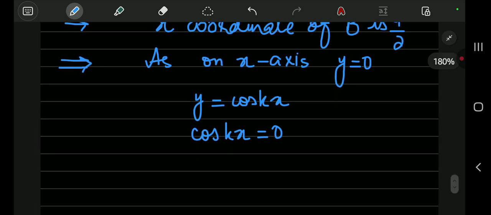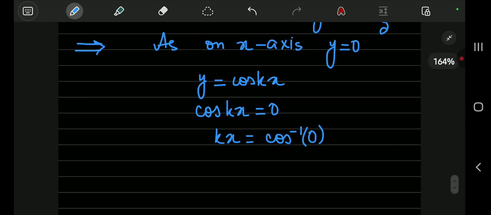We know that kx will be equal to cos inverse of 0. Where is cos 0? Cos is 0 at pi over 2 or 3 pi over 2, that is 90 degrees or 270 degrees.